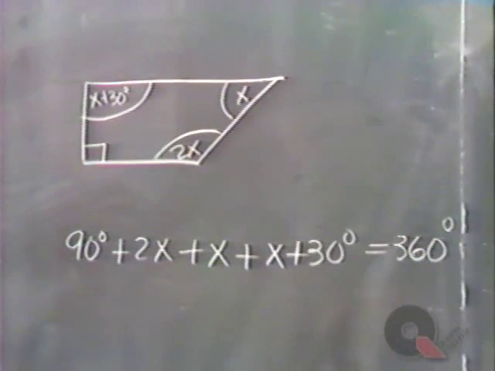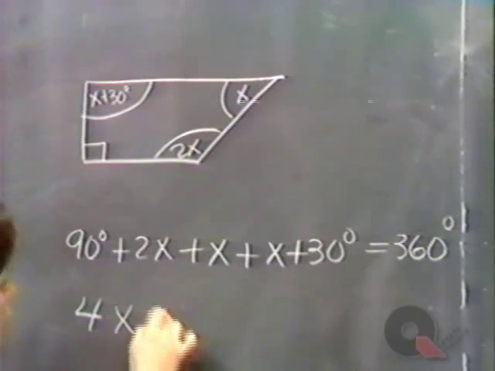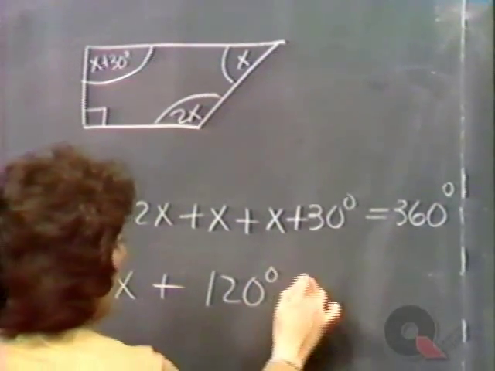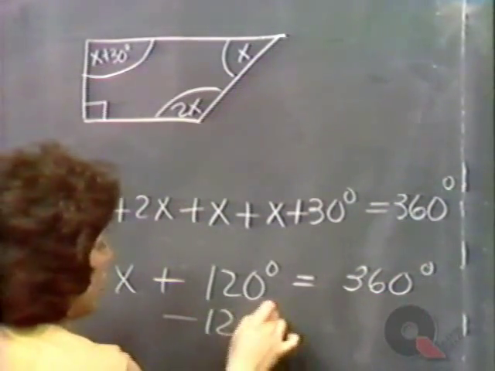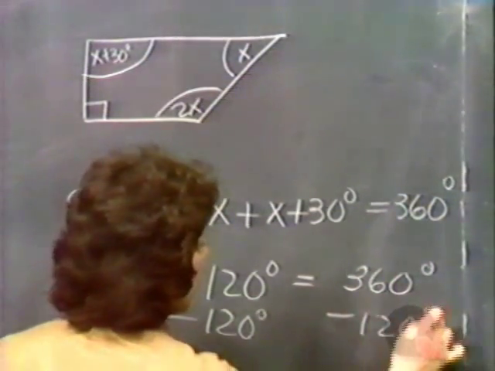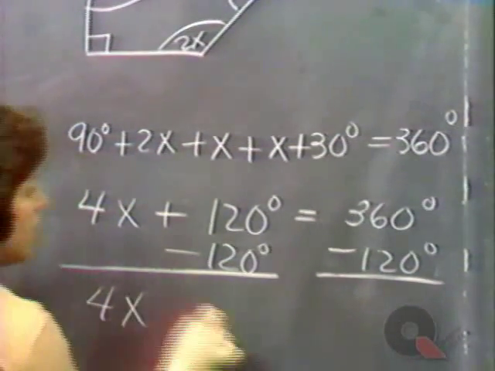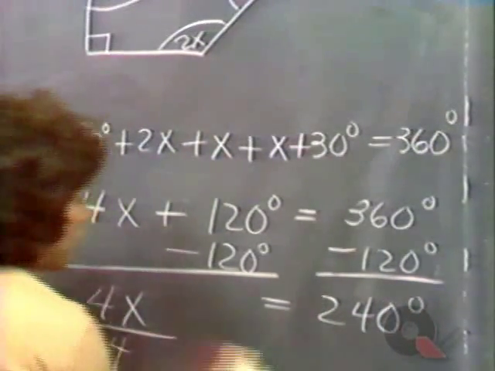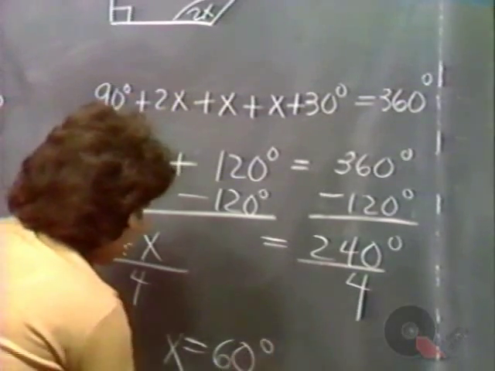On the left side here, we have 2x plus x plus x, that's 4x, plus 90 degrees and 30 degrees, that's 120 degrees, equals 360 degrees. Subtracting 120 degrees from both sides, we get 4x equals 240 degrees. Dividing both sides by 4, x comes out to be 60 degrees.